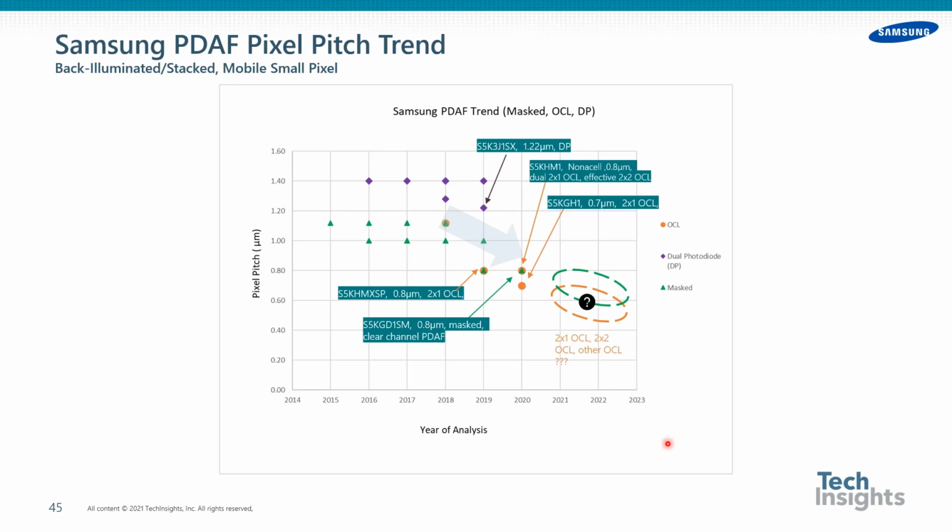These are shown here: the GD1 mass PDAF, and the nanocell is shown here. Of course, the trend for Samsung is the same, and it is to be determined if on-chip lens will also continue to be the choice for smaller pixel pitch.